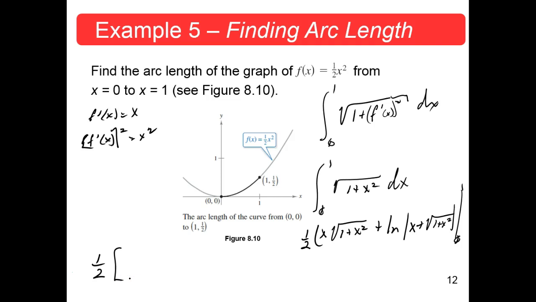Now, let's plug and chug. For the 1, that would be 1 times the square root of 2, right? Everybody see it? Plus the log of, absolute value of, 1 plus the square root of 2.